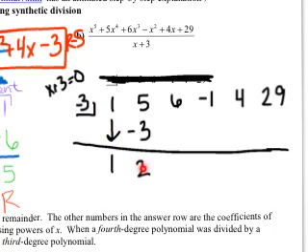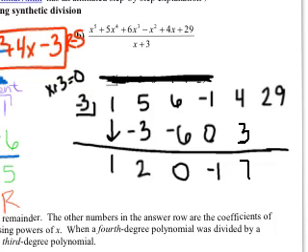Negative 3 times 2 is negative 6. 6 plus negative 6 is 0. Negative 3 times 0 is 0. Negative 1 plus 0 is negative 1. Negative 3 times negative 1 is positive 3. 4 plus 3 is 7. Negative 21 plus 29 is 8.